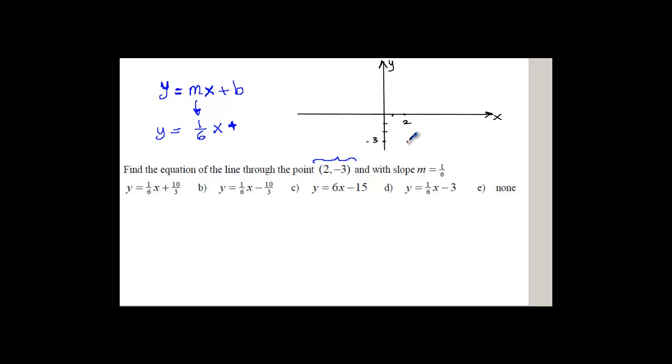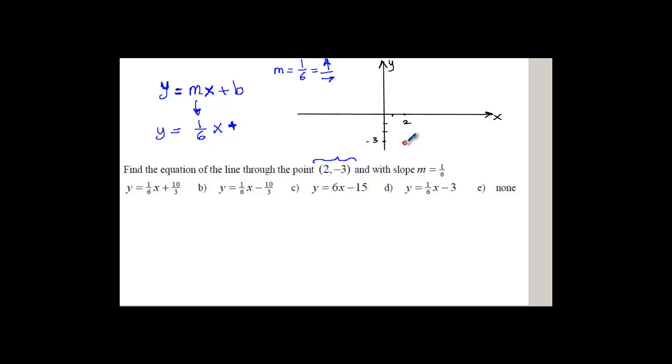So they're saying that your line passes through this point here and has a slope of 1/6. So if I move, slope is equal to 1/6, means if I move 1 unit up and 6 units to the right from any given point, in this case the given point is right here, 2 and -3.